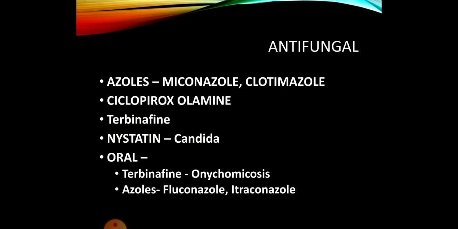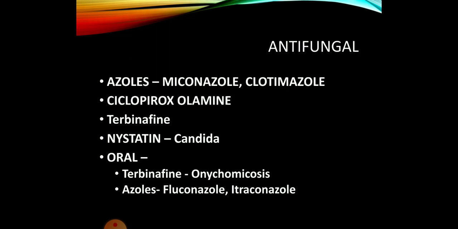Now if you want to go for the classification, then you have to classify it as those employed topically, and those drugs are azoles, terbinafine, ciclopirox olamine, nystatin. So these are all given in the topical form. The systemically given forms are antibiotics. One is the macrolide group, that is amphotericin B. Another one is griseofulvin.